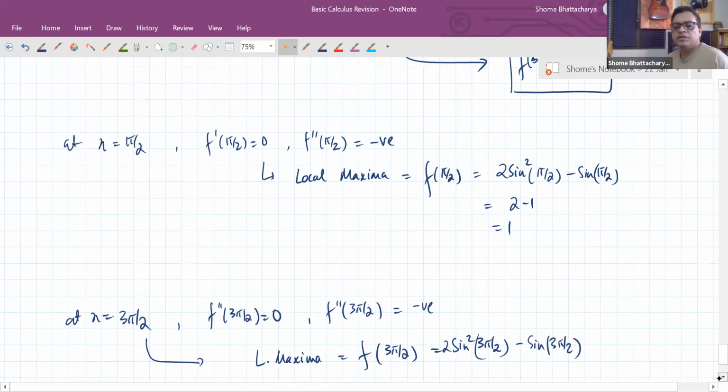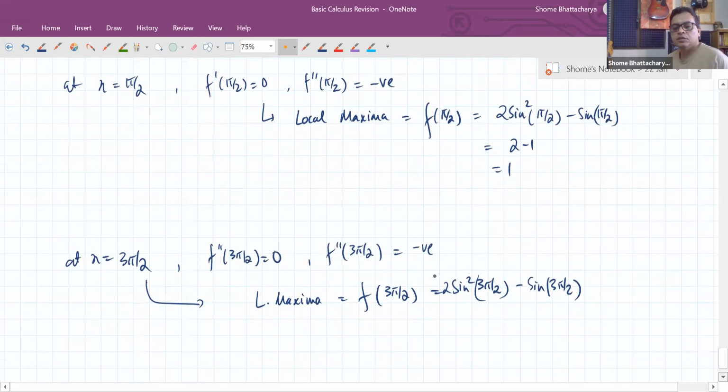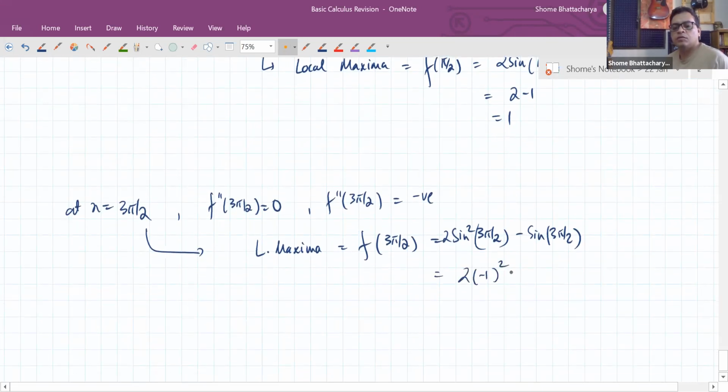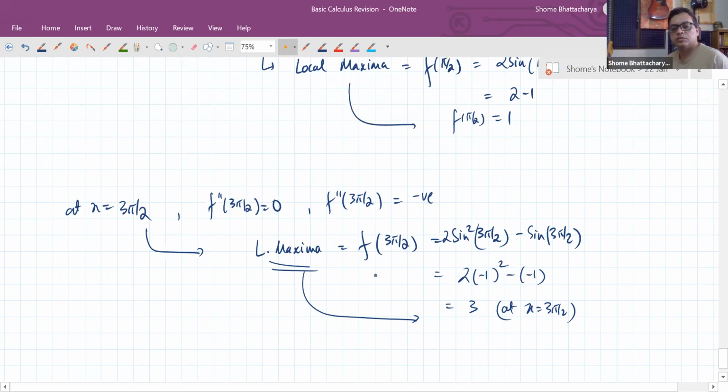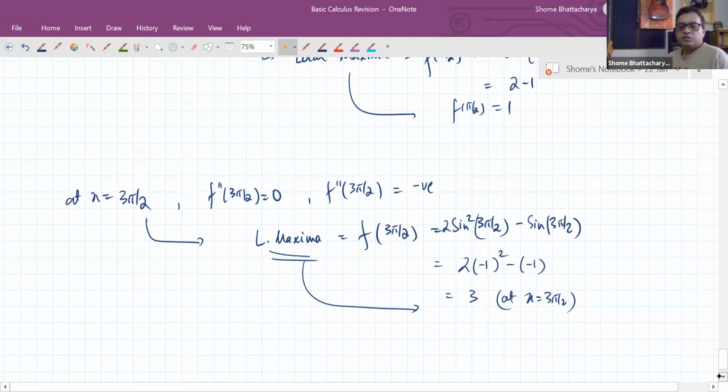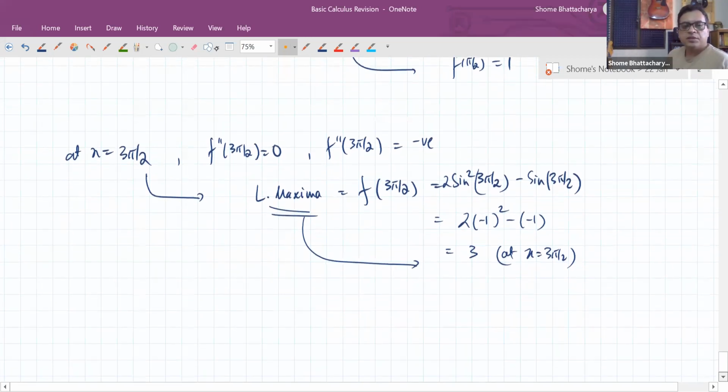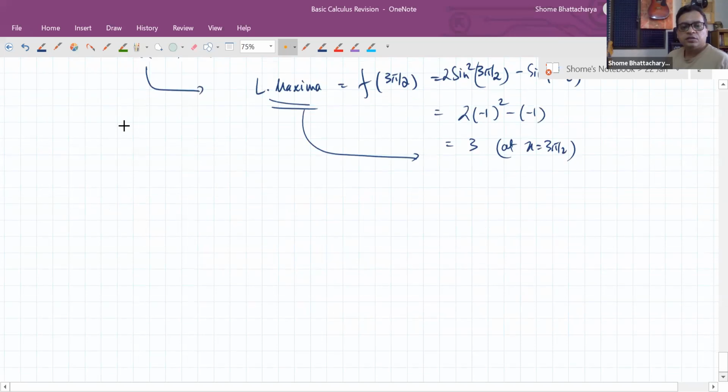So this value will in fact crank up to plus 3. So the local maxima at x equal to 3 pi by 2 is plus 3, whereas the local maxima at pi by 2 is so much. So we put together all this information. It gives us a very interesting aspect about the nature of this function.